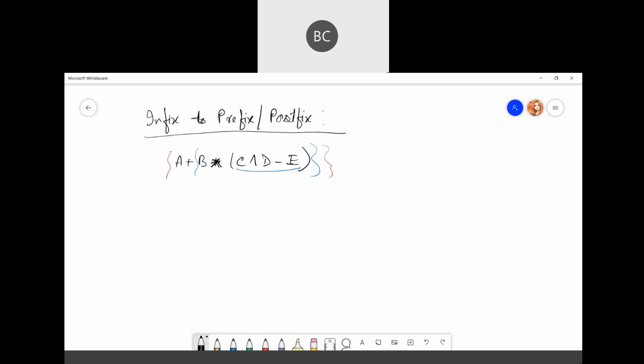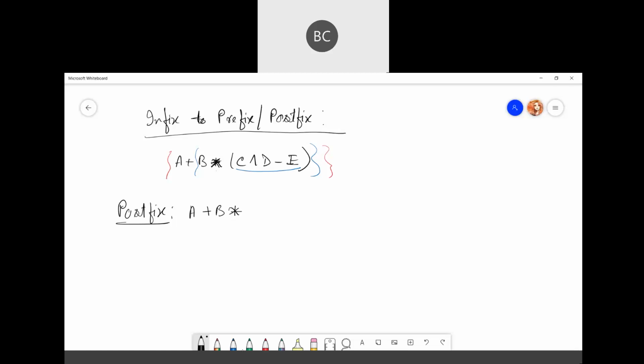So what will be the prefix? Let's see the postfix first. How will you do it? In postfix, you have to bring the operator after the operands.